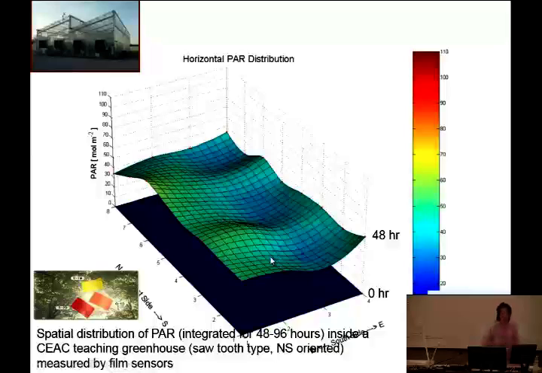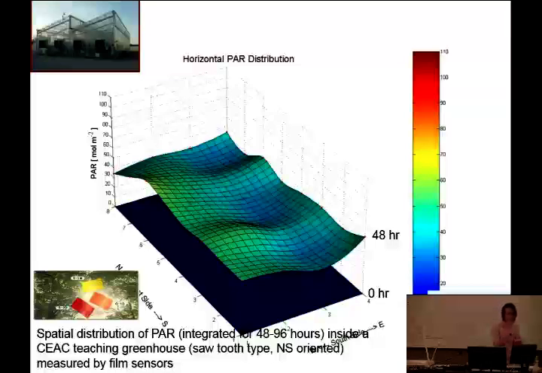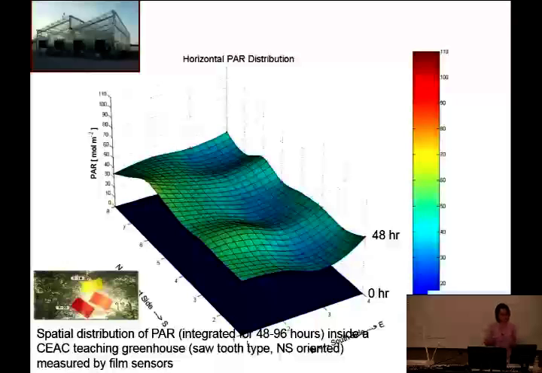By the way, we did measure this instead of doing a simulation, because that's a little bit high-level engineering approach, with lots of math. So instead, in a class I was teaching, we put sensors in the greenhouse, disposable sensors with a dye that absorbs sunlight, and the absorbance of that color changes, dissipates.